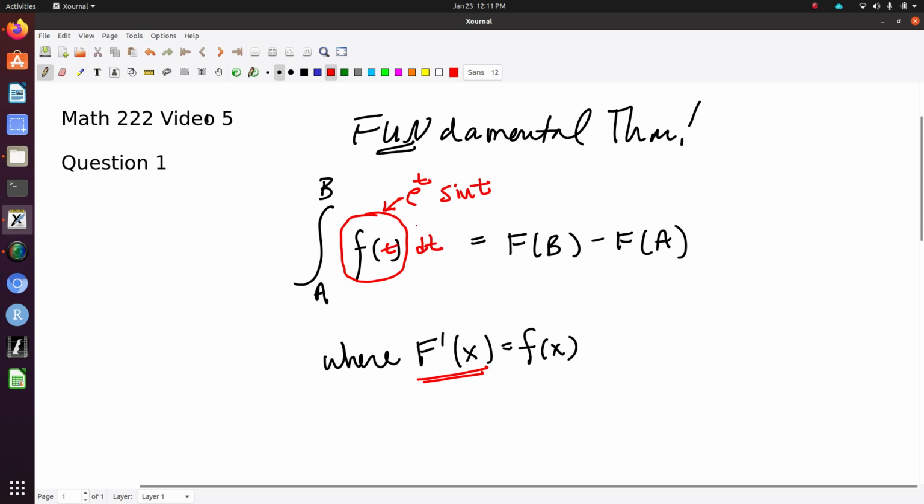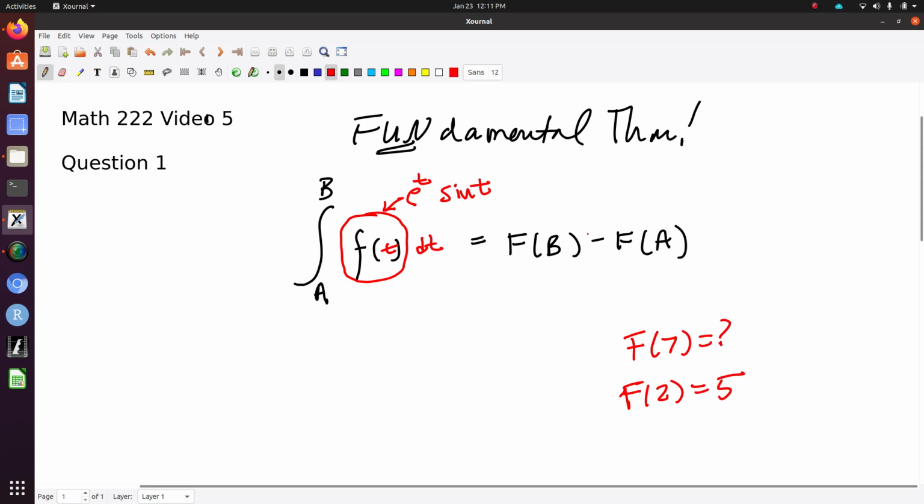Now we can make it a t. So it told us what little f was, but what it wants to know is what capital F of 7 is, and you know that capital F of 2 equals 5. So that's the information you have.